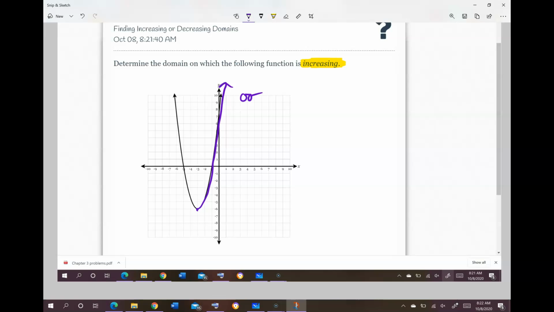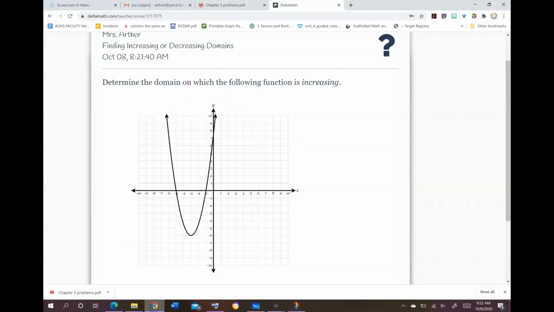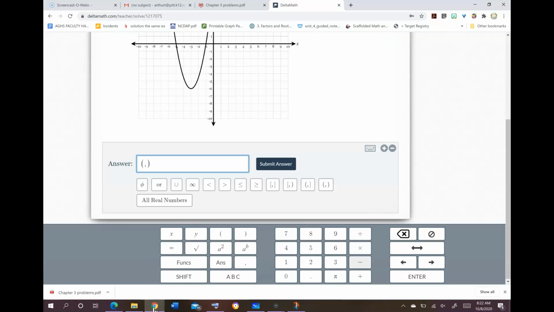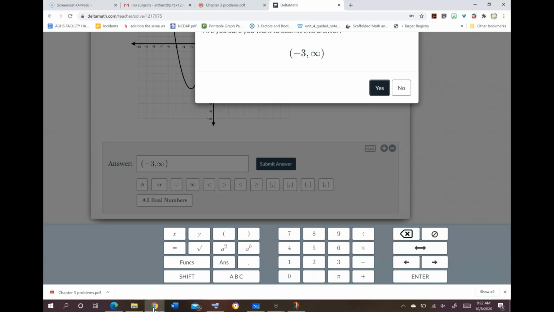And there are positive infinities on the right-hand side. So I started at -3 and went to positive infinity for increasing. So my answer is -3 to positive infinity. Again, we do the parentheses, -3, and then we hit the infinity button, and we submit.